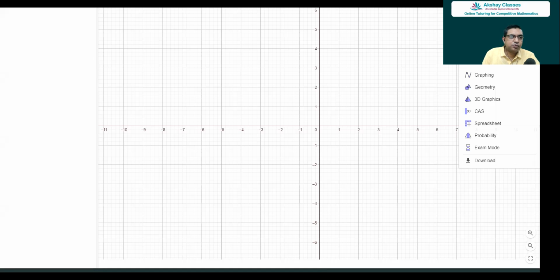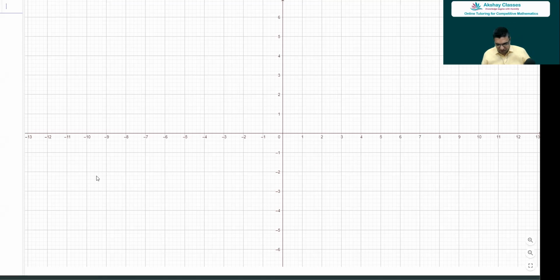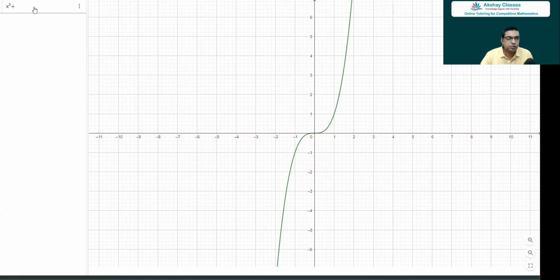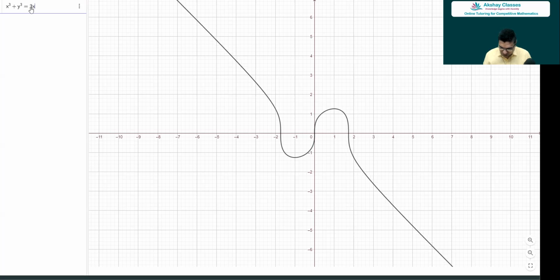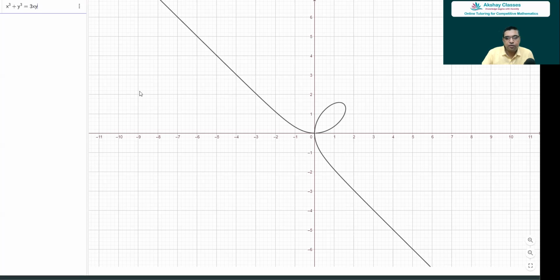So let us put a equal to 1 and plot x cube plus y cube is equal to 3xy. This is the folium of Descartes.